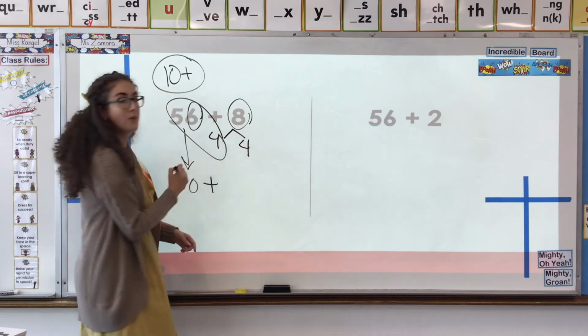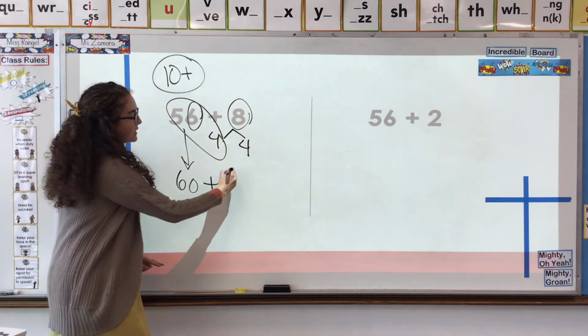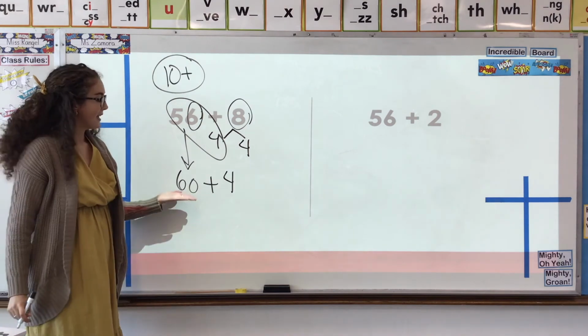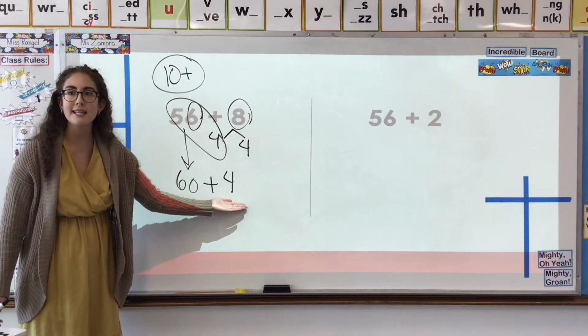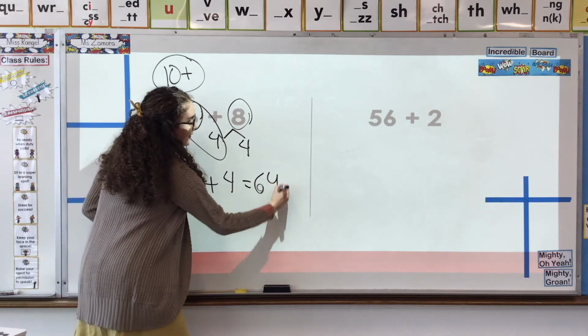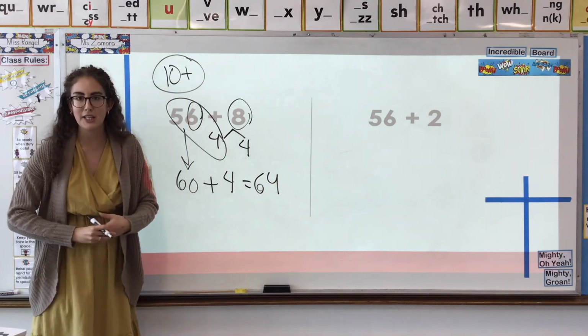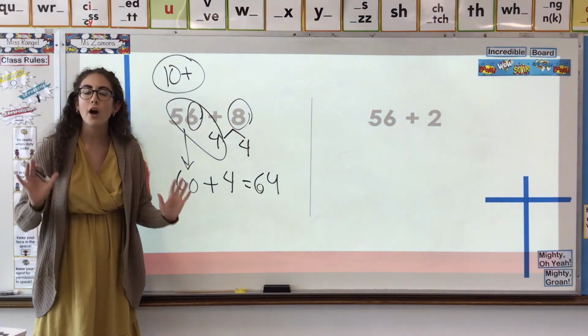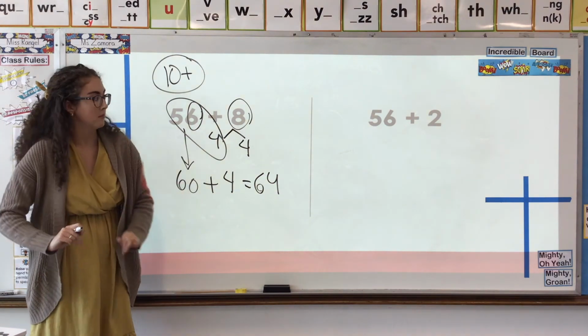It would be 4 as well. So that's what we will add to our 60. Okay, 60 plus 4 is 64. Exactly, good job. We solved this problem by using our 10 plus fact knowledge.